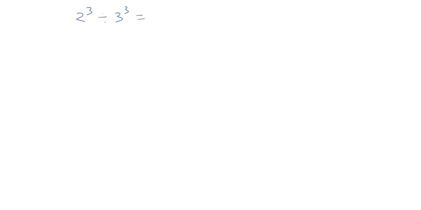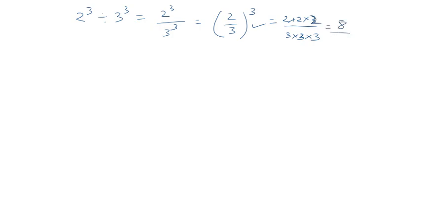Let's suppose the question is like this. What will you do? You can write this as this. In multiply and divide, power can be taken common. So this is the correct answer. Otherwise, you can further solve it. It will come 8 by 27. From this step also directly you can go to this step.